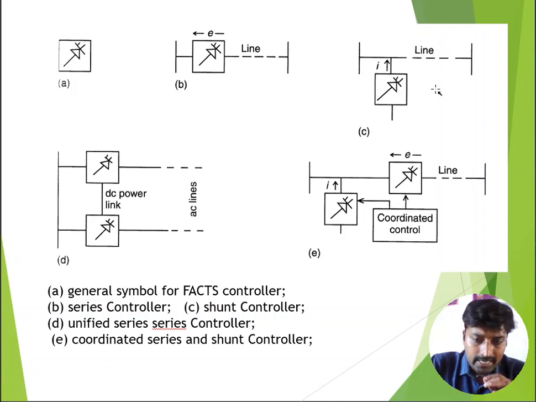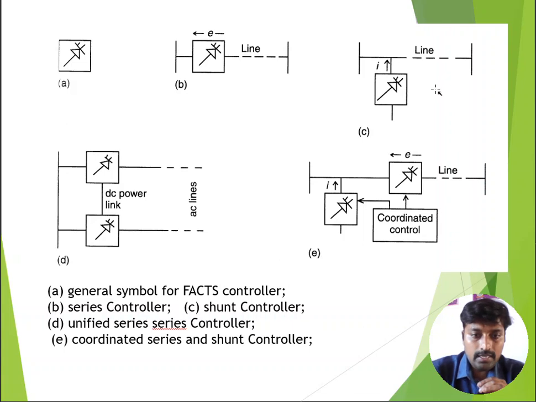It can inject inductive currents or capacitive currents based on the requirement of the transmission line, and it is also a variable impedance type, whether capacitive or inductive in nature. The main advantage of the shunt FACTS controller, like the series controller, is that it controls the reactive power with less impact on the active power.